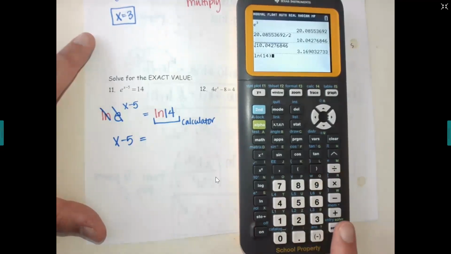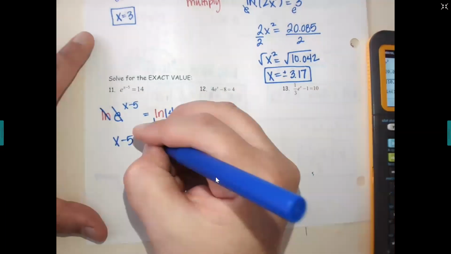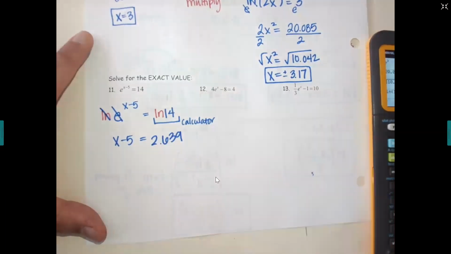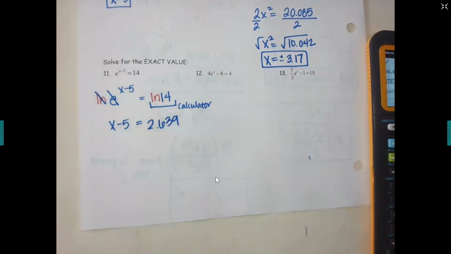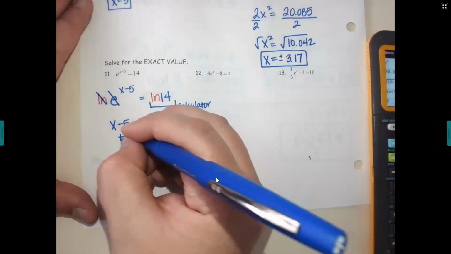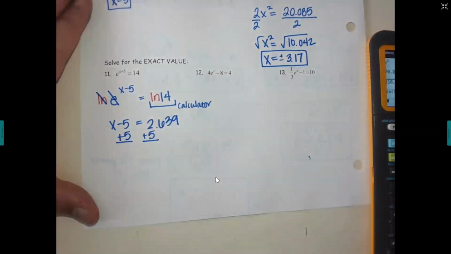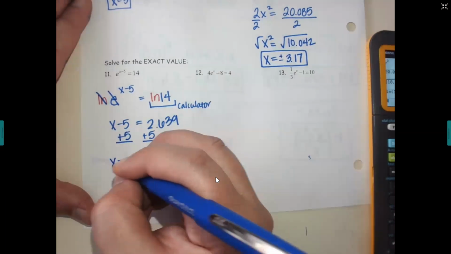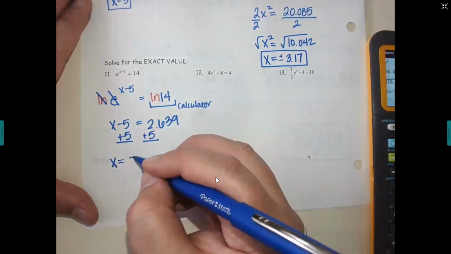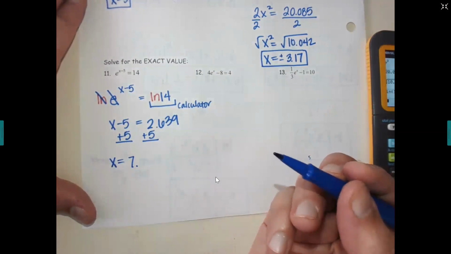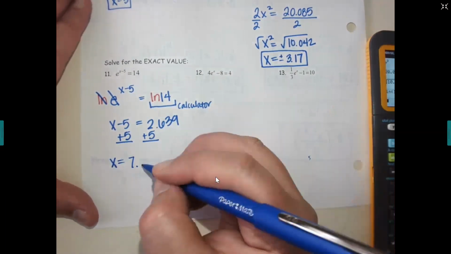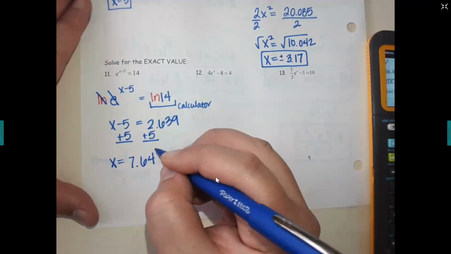Ln of 14 comes out to what number? 2.639. And my x has a minus 5 with it, so I need to plus that 5 across. And then 2 plus 5 is going to give me what for my whole number? 7. And then the 0.63, do I keep it or bump it? Bump it to 0.64.